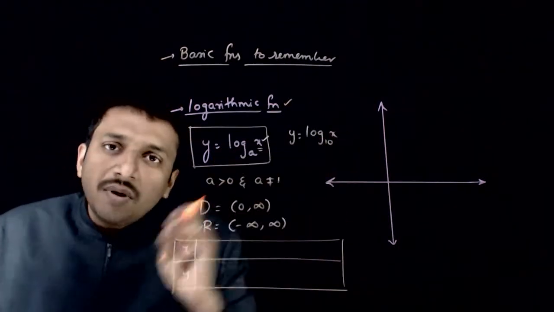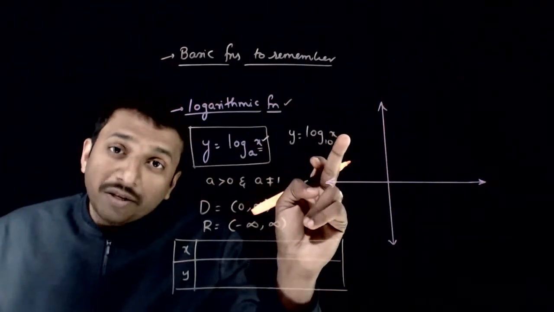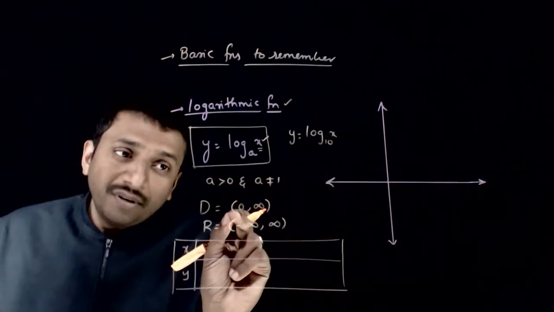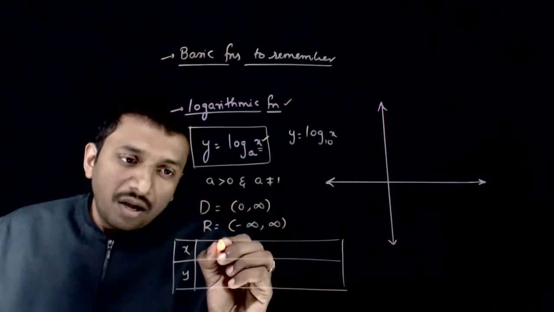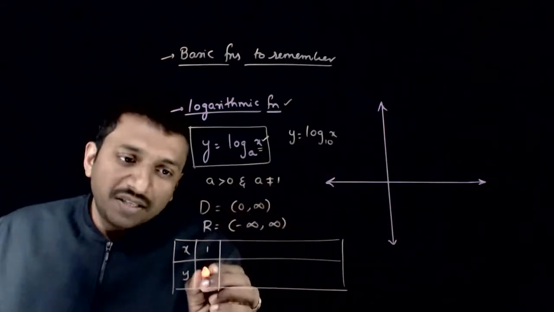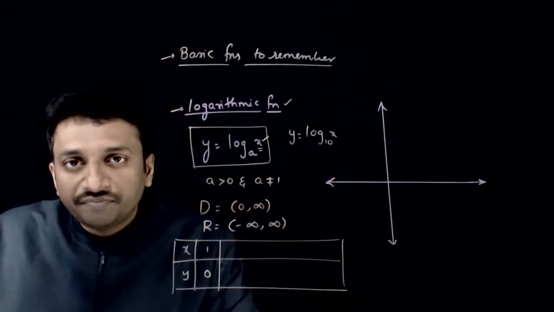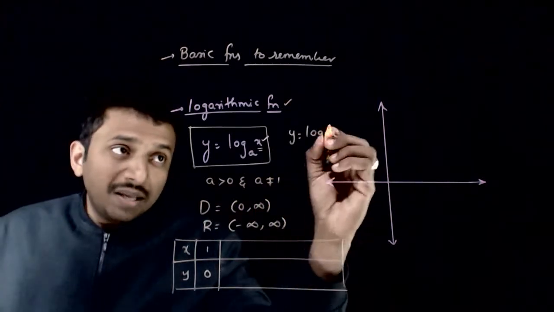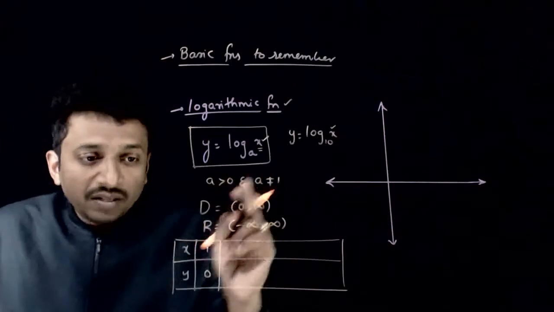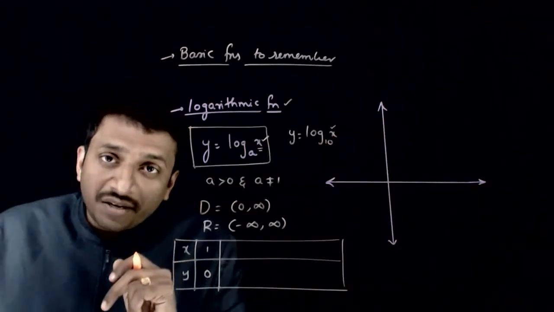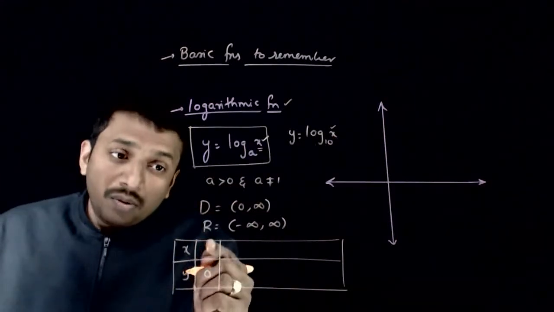If x is equal to 0, log is not defined. Log is defined only for open 0 to infinity. So log 1 to the base 10 is equal to 0. Log is nothing but the power of 10 present in x. So log 1 to the base 10 is equal to 0.